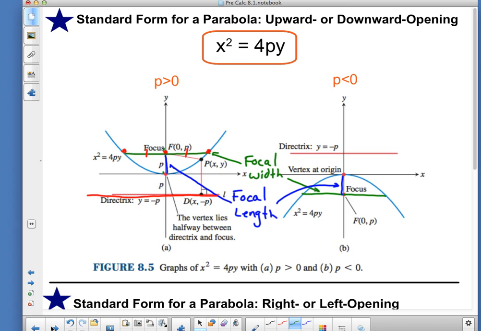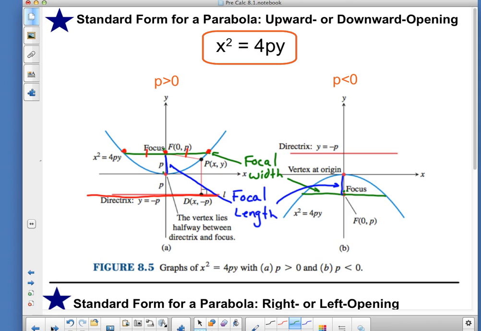If I tell you that the focal length is -4, then we go from the vertex down 4, and that's where the focus is going to be located, down here, as it is in my B picture here for x squared equals 4py.